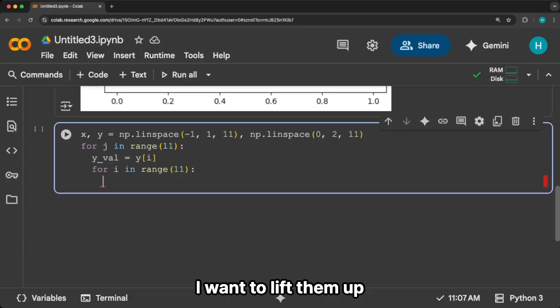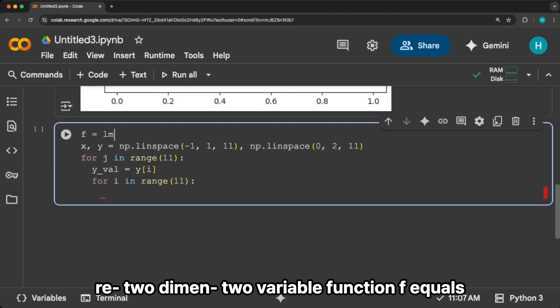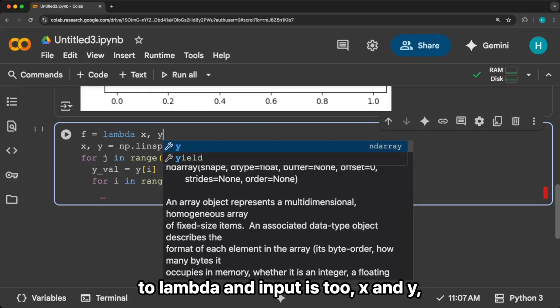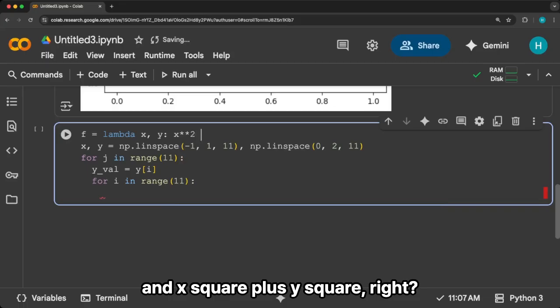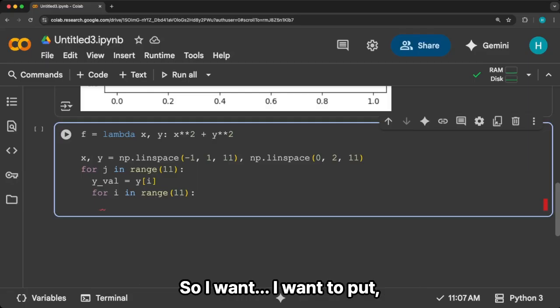I want to lift them up to 3-dimensional space by taking the z value. So I need to define a two-variable function, f equals lambda, the input is x and y, and the output is x squared plus y squared. I want to input x and y as an array because I have a point as an array.